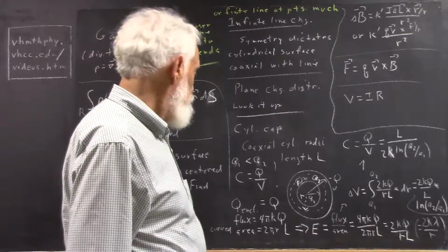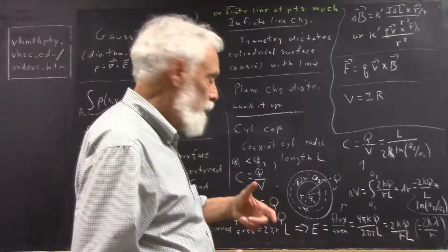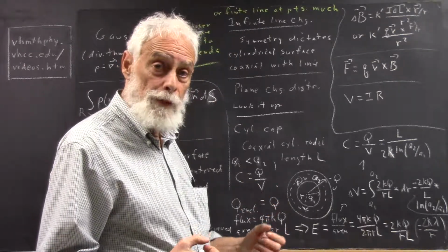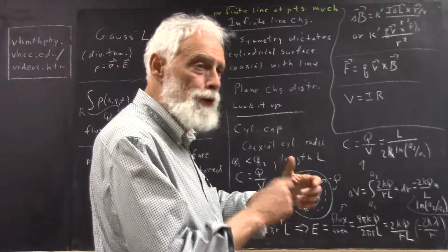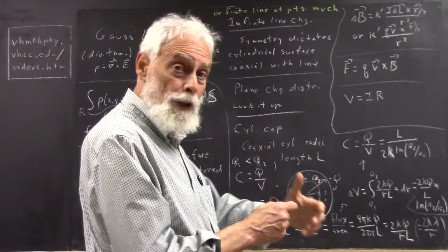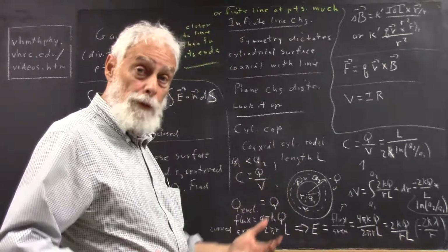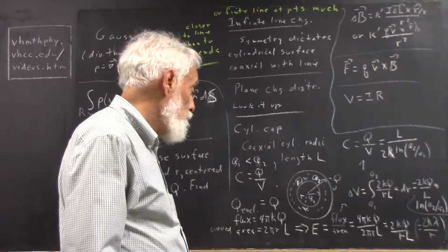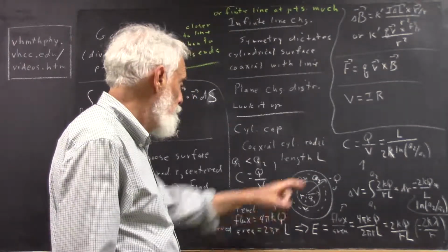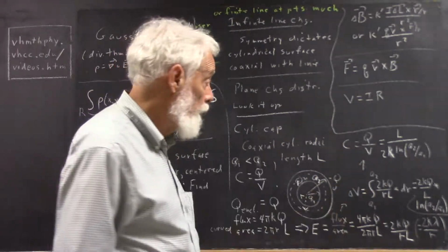Now, from the fact that you charge this capacitor by transferring charge from an initially uncharged inner cylinder to an initially uncharged outer cylinder, the charges have to be equal and opposite. So we can, again, let Q stand for the charge. If we know the length of the capacitor, then we know the charge per unit length.